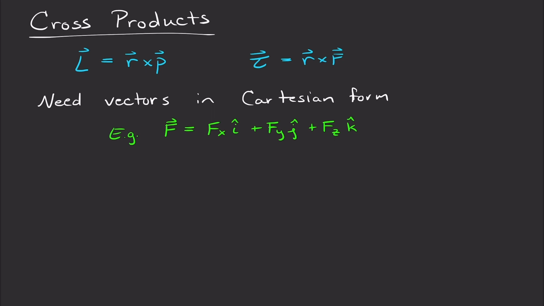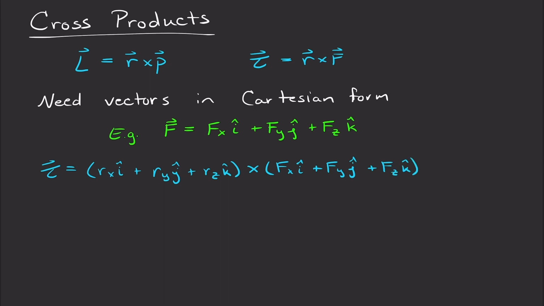Okay, and so for example, our tau, or torque, would be rx i hat plus ry j hat plus rz k hat crossed with Fx i hat plus Fy j hat plus Fz k hat.